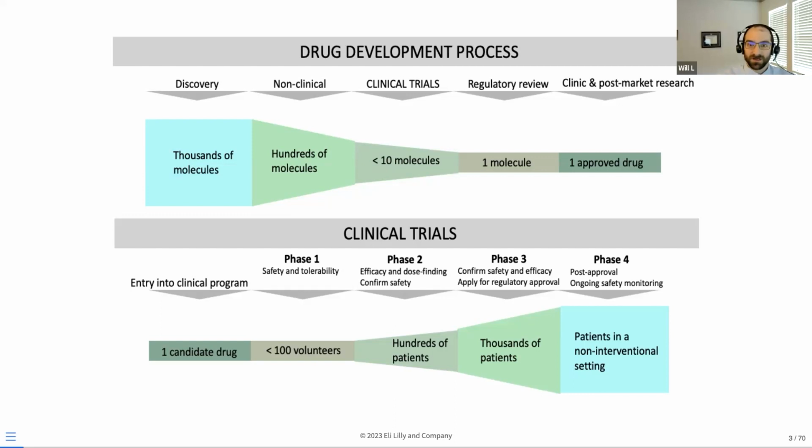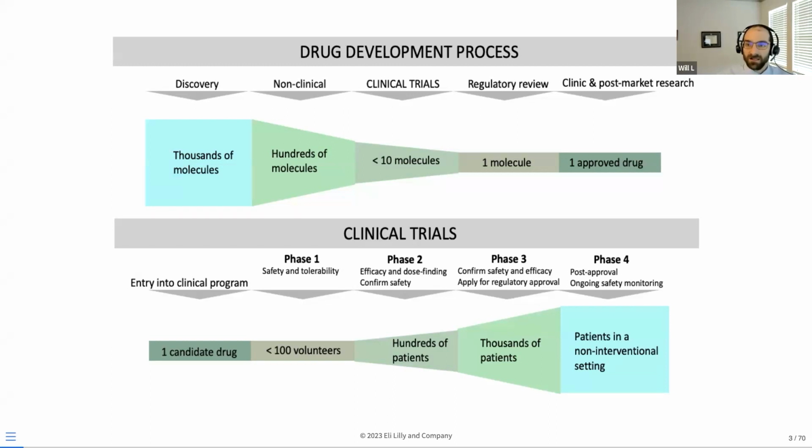And in drug discovery, there are studies and assays and analyses with all kinds of omics data to select the most promising candidates for the compounds and chemical pathways that we work on. That gets funneled down to other kinds of non-clinical studies like animal studies with a subset of those molecules. Very few of those make it into human trials and are studied for safety and efficacy on humans.